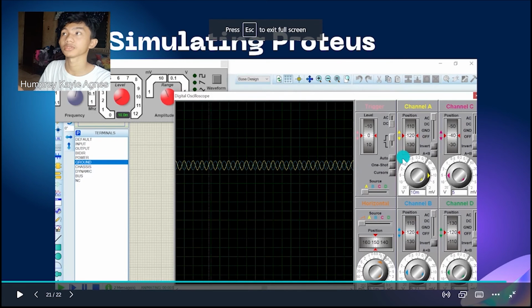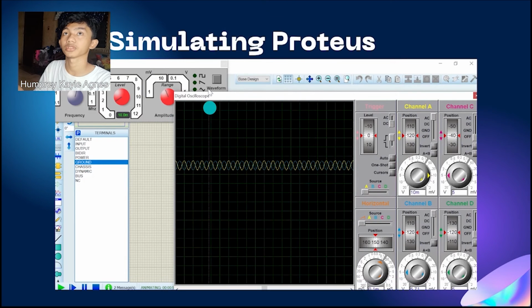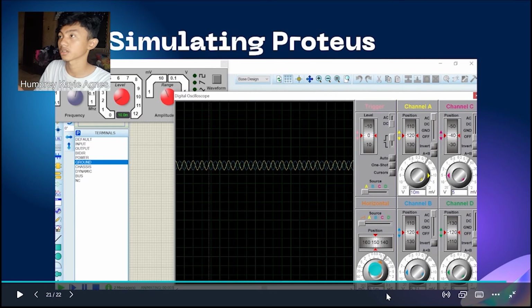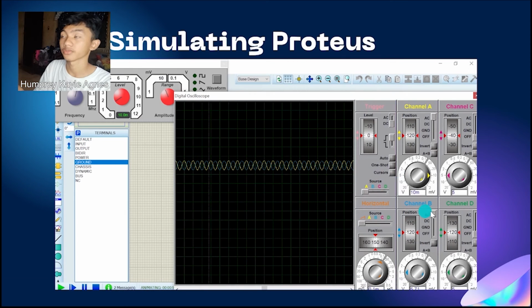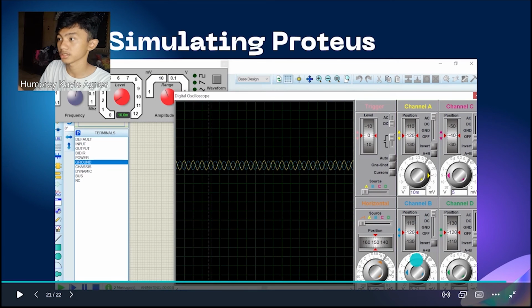So after running the simulation, this is what will happen. We put the amplitude at 10 millivolts and our frequency at 1, and it's a bit cut off, but our input voltage was 10 millivolts.